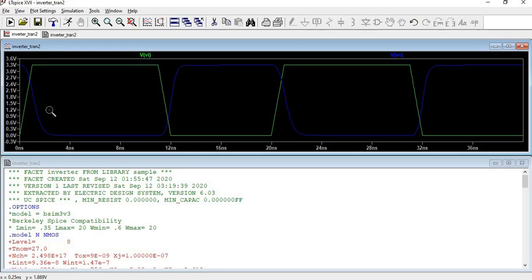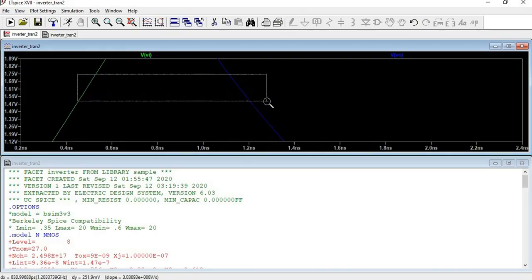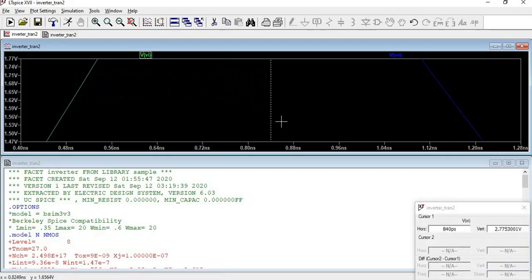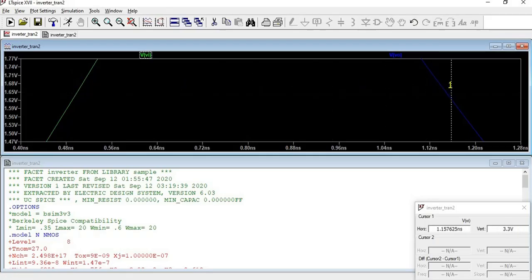So again, you can zoom in at a specific area, then get the time. In this case, 1.65, 499 pico, and on the other side, you need to click V out.